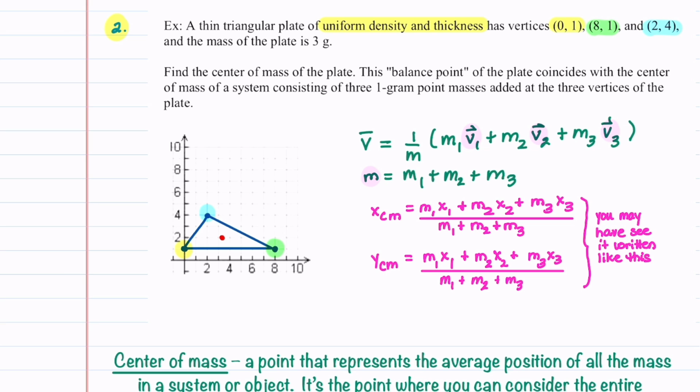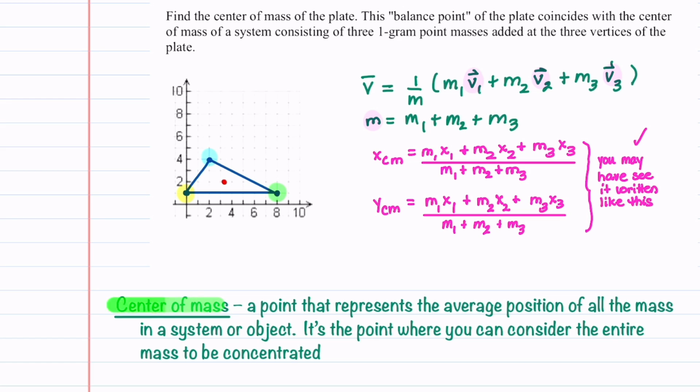You may have also seen formulas for the center of mass written like this. The center of mass is just a point that represents the average position of all the masses in a system or object. It's the point where you consider the entire mass to be concentrated.